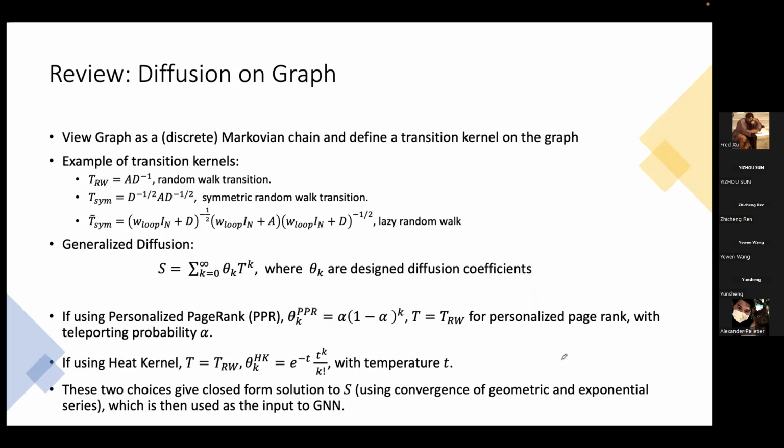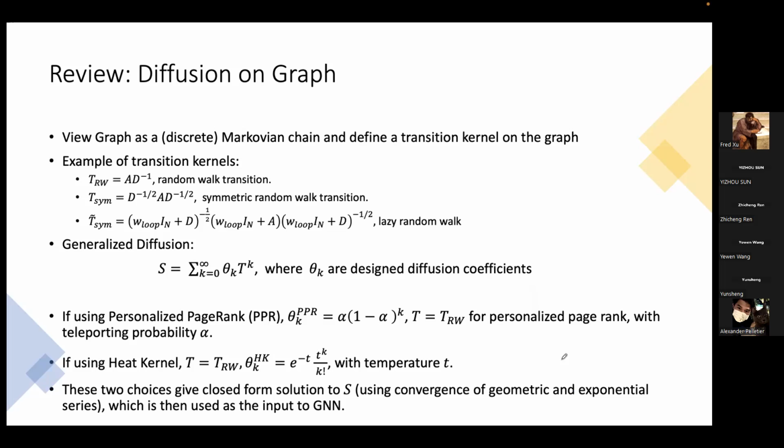So first, I just want to review what we mean by diffusion on the graph. This perspective is to view the entire graph as the state of a Markov chain. We view each neighborhood relationship between a node and its neighbors and define a probability distribution.